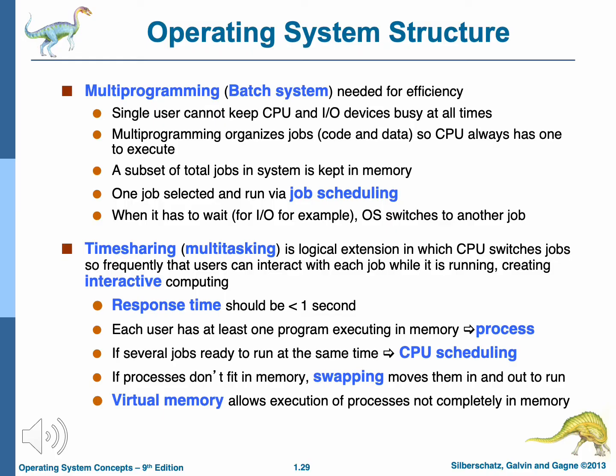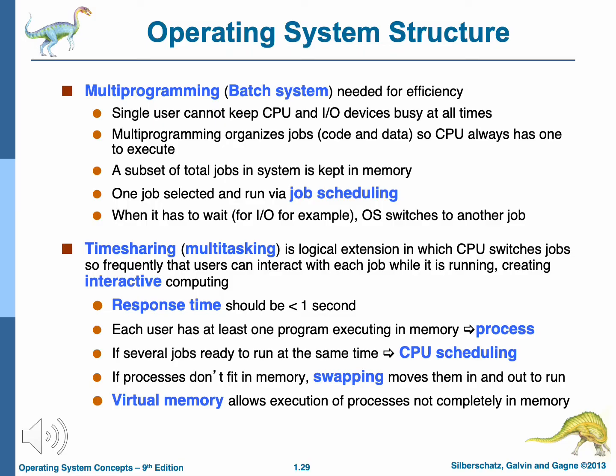This pool consists of all processes residing on disk awaiting allocation of main memory. The set of jobs in memory can be a subset of the jobs kept in the job pool. The operating system picks and begins to execute one of the jobs in memory.